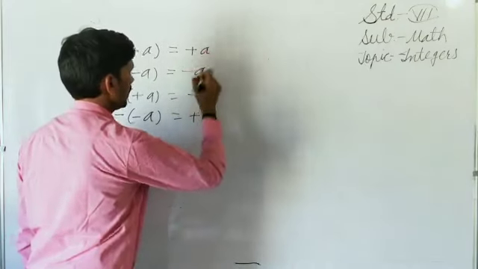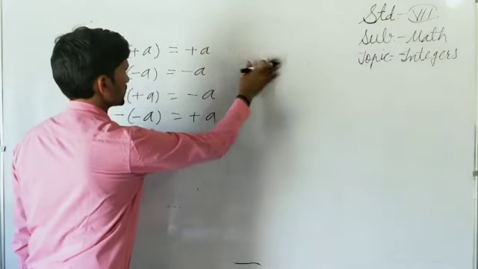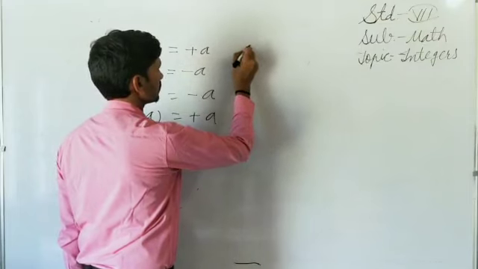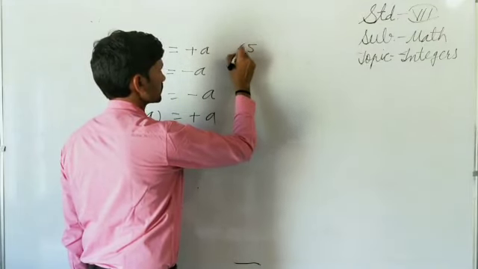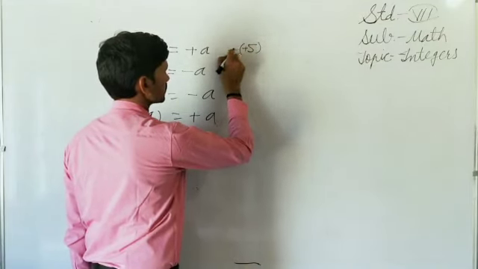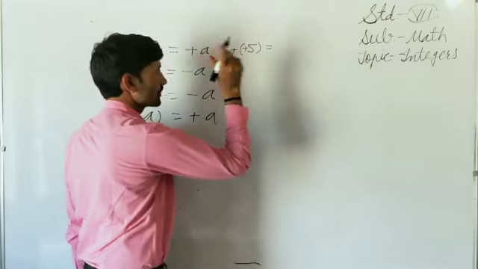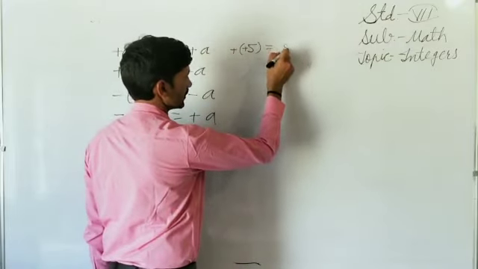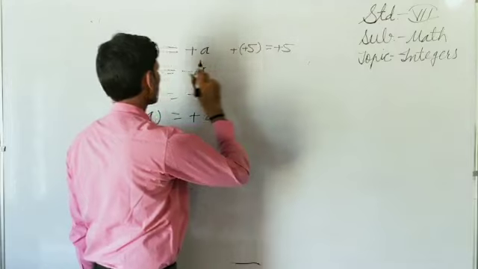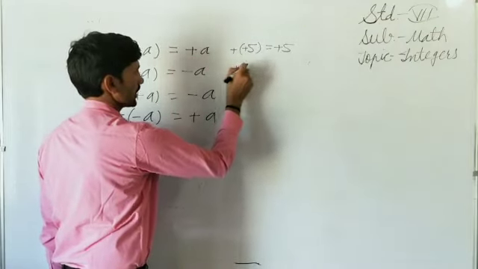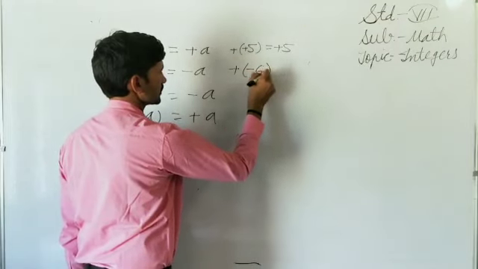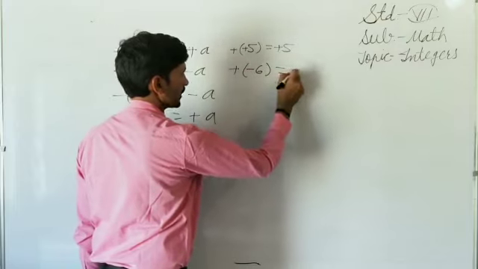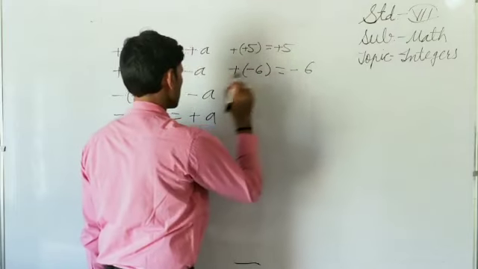Let us look at an example for this. If I write here 5, and we want to remove the bracket, then it will be plus 5. Similarly, outside is plus sign, if I write here minus 6, then plus minus will become minus, and it is minus 6.